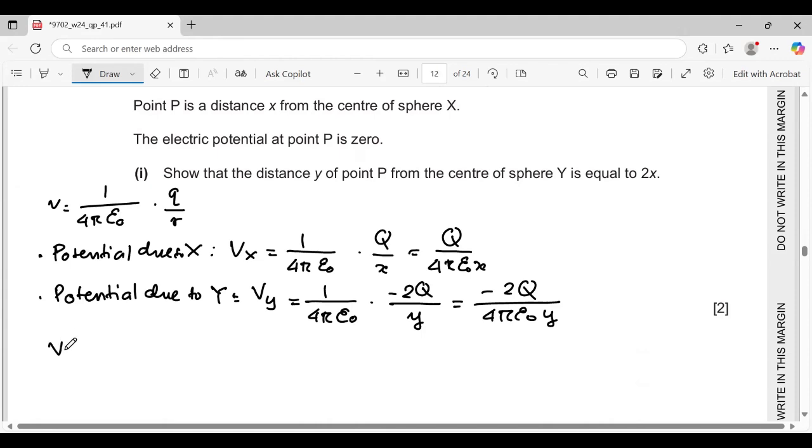After that, the next step, Vx plus Vy equals 0. The electric potential at point P is 0.